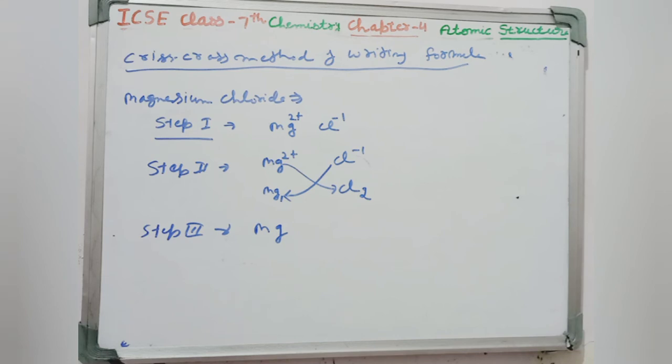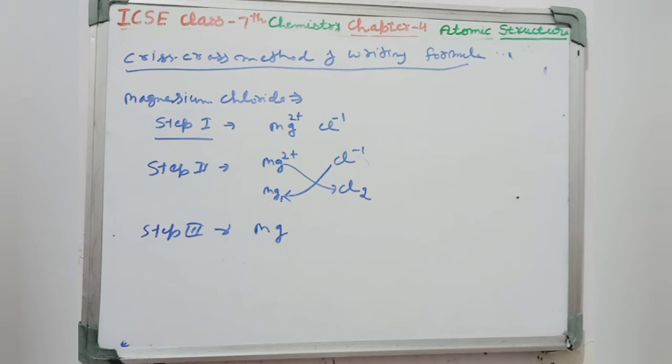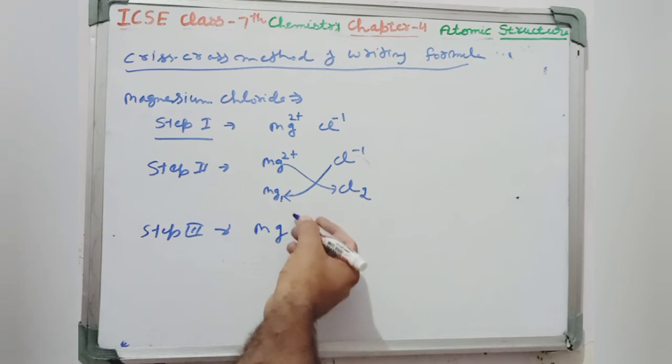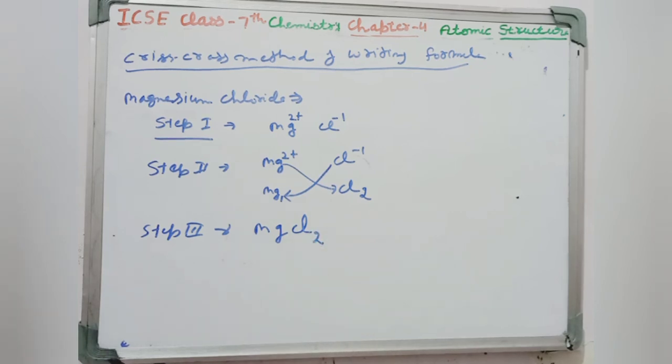We will now ignore these positive and negative signs and shift the valency to the lower right side of the radical. This is our compound, right?